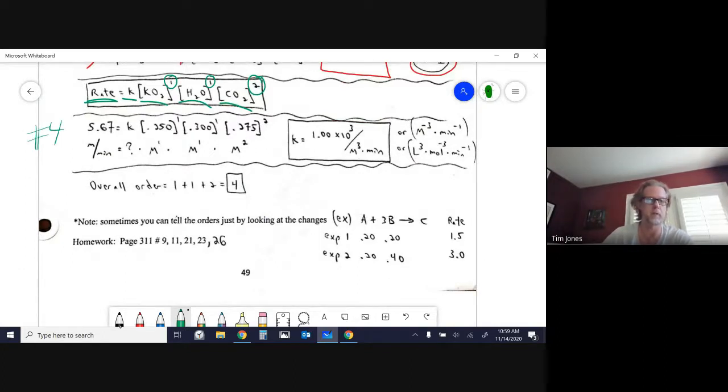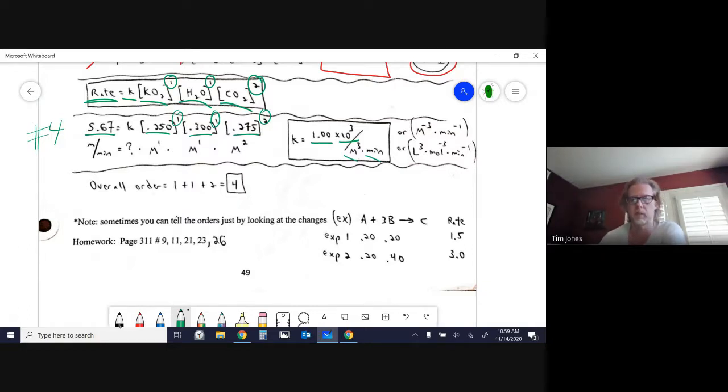I plugged in the rate, the initial concentrations, the orders, did the math, and you get a K of 1.00 times 10 to the third. And then the units, in this case, end up being molarity cubed per minute in the denominator.